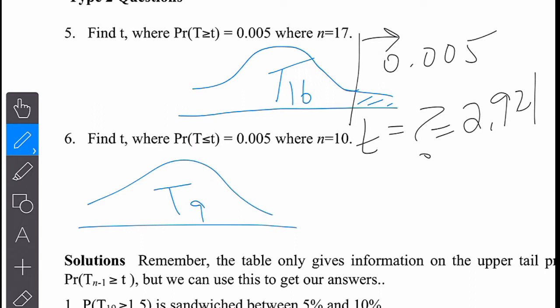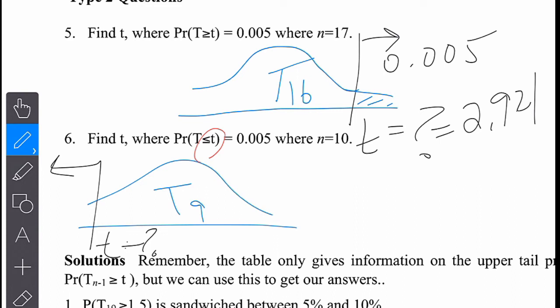So now for T9, I want to know what's the t that gives me on the left side a small value. So that's going to be over here. I'm going to draw it. I want to put t equals, I don't know what it is, but it's got to be negative.